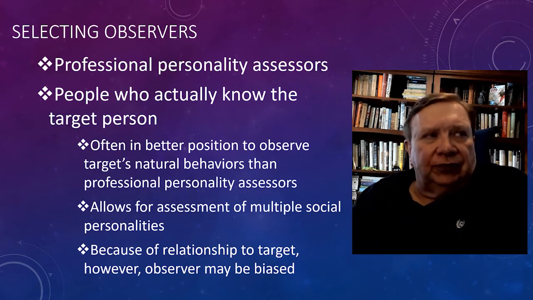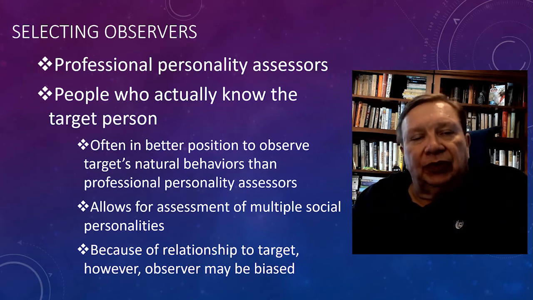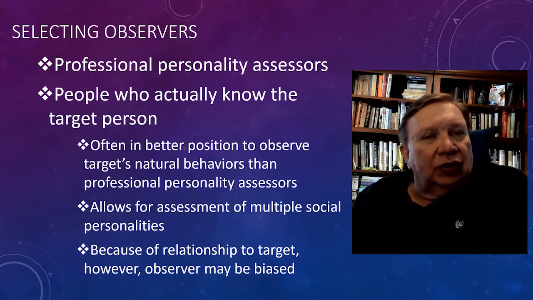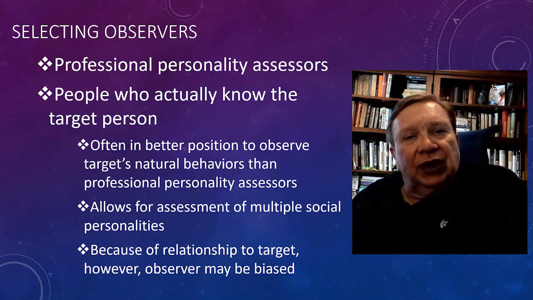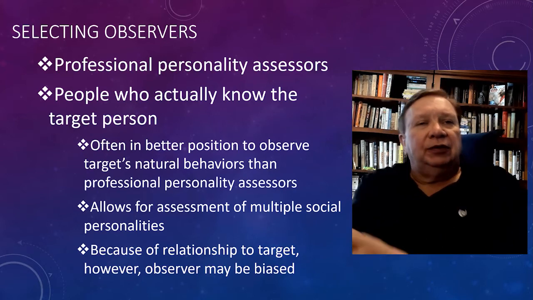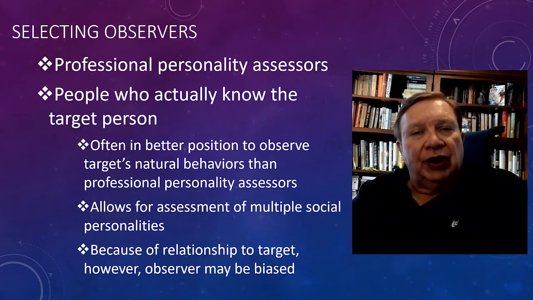Where do we get our observers? Who should be an observer? Well, in some cases you might want professional personality assessors, and there are people that do that. Or you may want to get somebody who actually knows the target person and may have known them for a significant chunk of their lives. And oftentimes these non-trained observers who just know the person from being around them are in a better position to report on the natural behaviors that that person does across many situations.